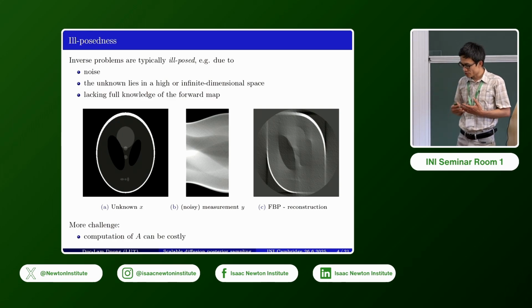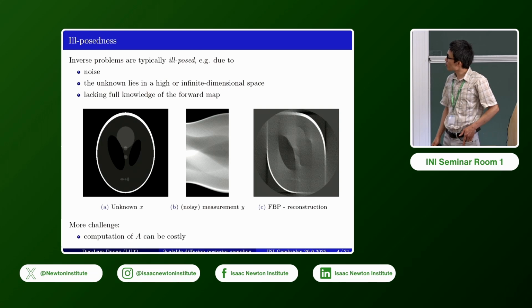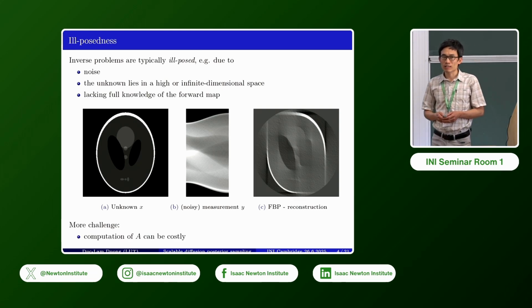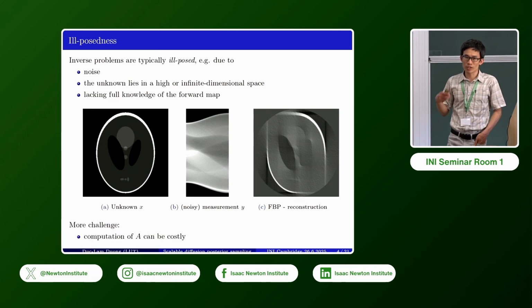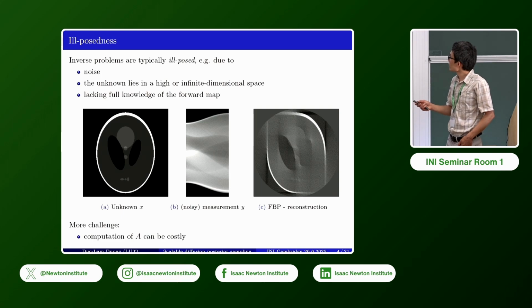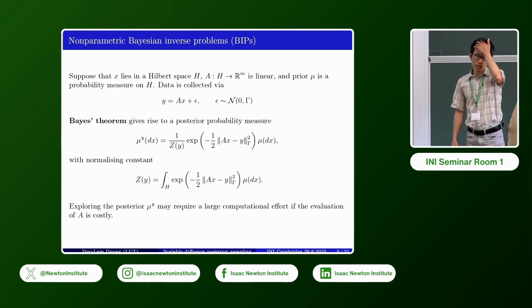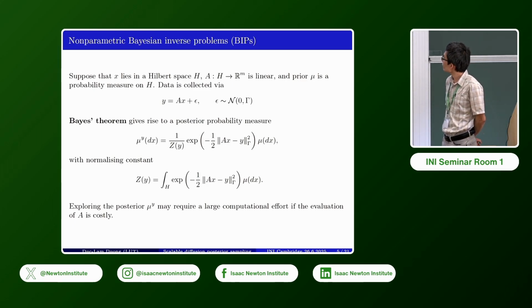Another challenge on top of that is that for many inverse problems, the computation of A can be very costly, or even sometimes impossible. We always have to do approximation, and so on.